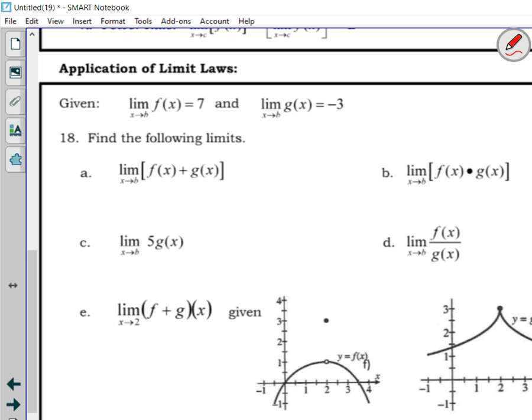So I'm telling you, okay, the limit of this one function as x approaches b is 7, and the limit of this other function, the g function, as x approaches b is -3. I don't actually need to see the f function and the g function explicitly to calculate limits using them.